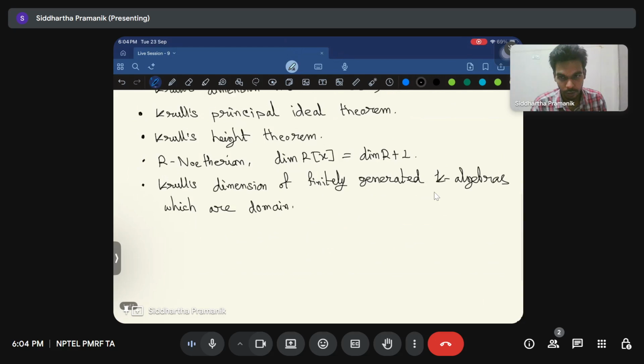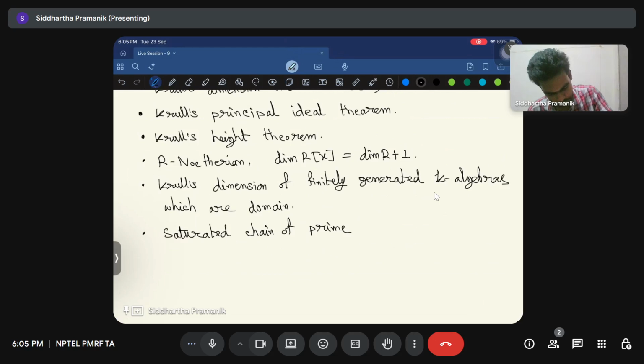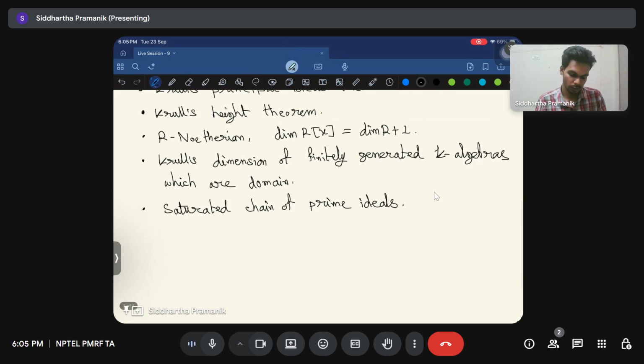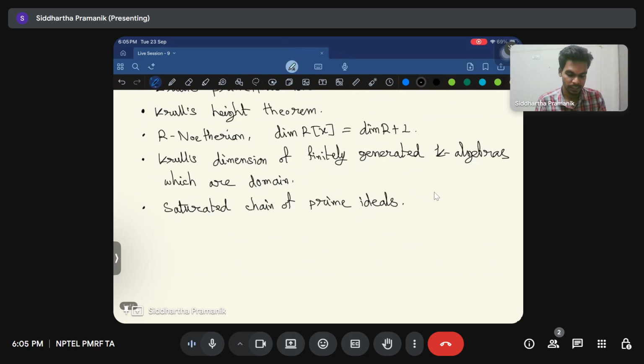And then we defined what we mean by saturated chains of primes, a saturated chain of prime ideals. And in the case of polynomial rings, all the saturated chains have the same length.